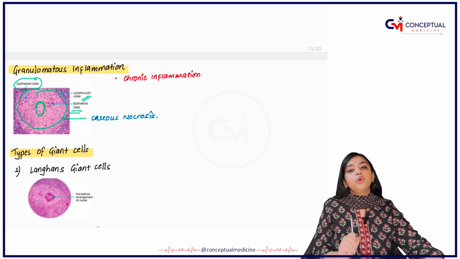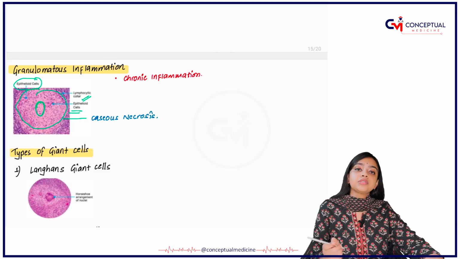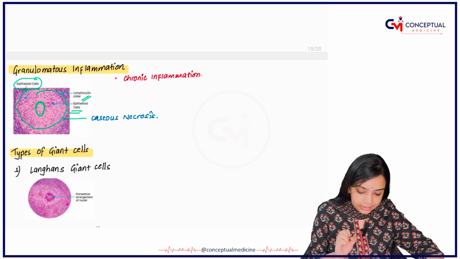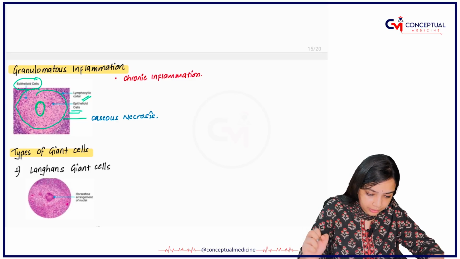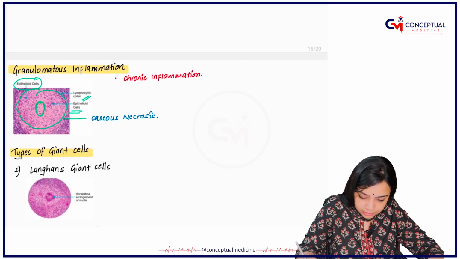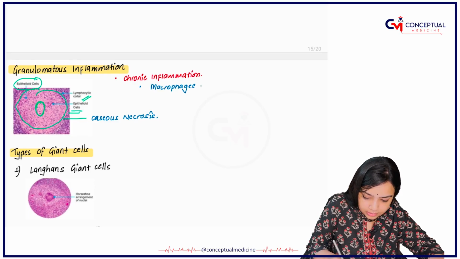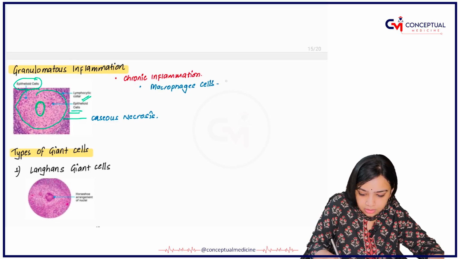I have told you earlier what caseous necrosis means. Caseous necrosis, C for C, means a cheese-like necrosis. And then the other thing is the macrophages, cells that are present in the center.